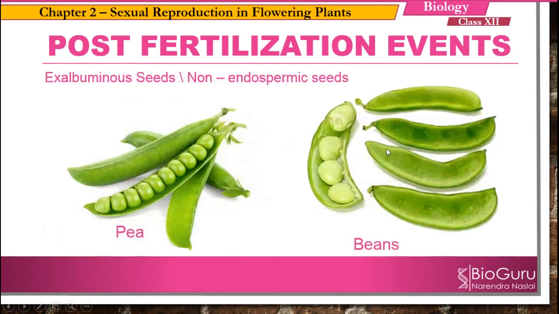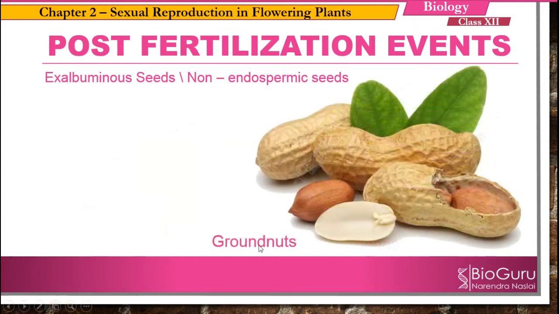And in some seeds you may not see the endosperm because the endosperm is fully consumed by the developing embryo. So if the endosperm is absent in mature seeds, then such seeds are called ex-albuminous seeds or non-endospermic seeds. Here the examples are pea, beans and groundnuts.